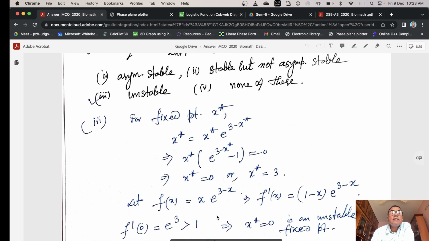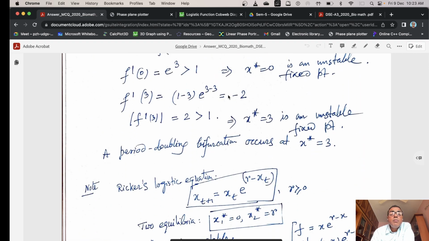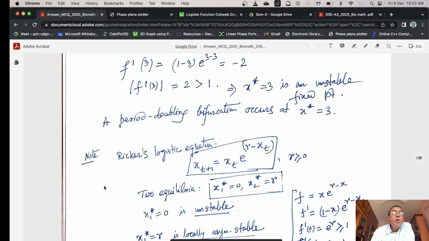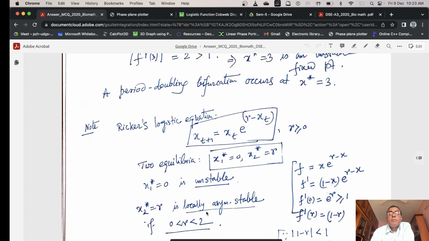Here r equal to 3, so obviously this is unstable.